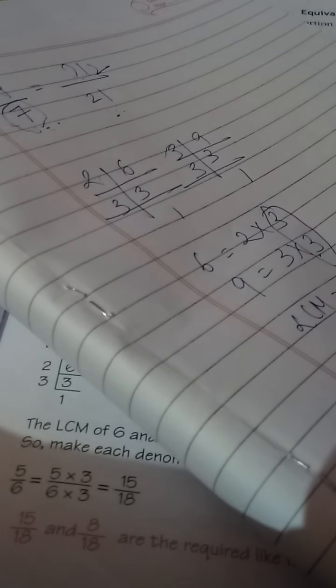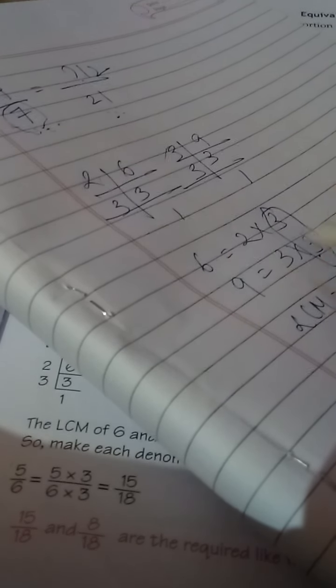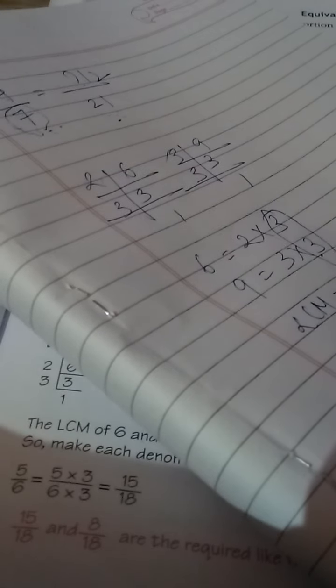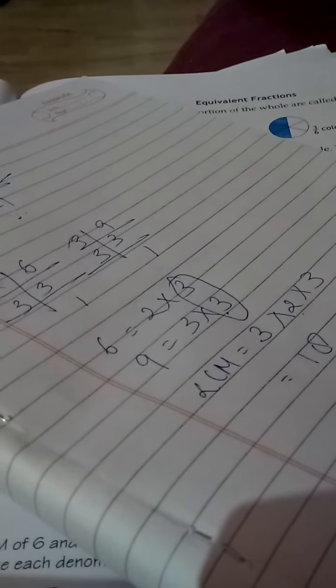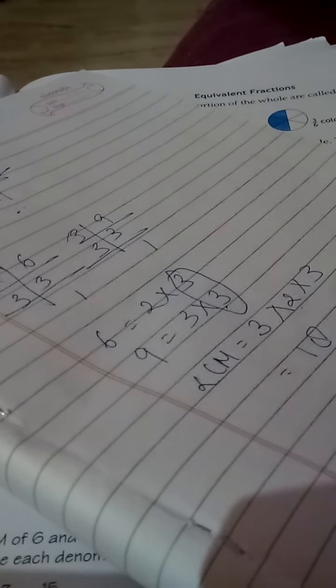So common factor here is 3 into non-common factors 2 into 3. Clear? 3 2s are 6, 3 6s are 18. Clear now, I think? Okay, so this is the LCM, 18.